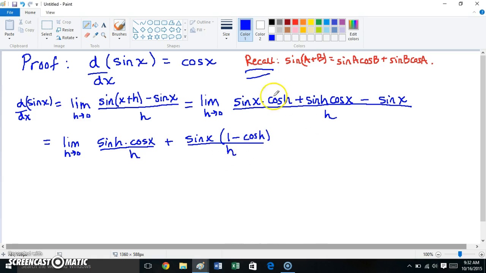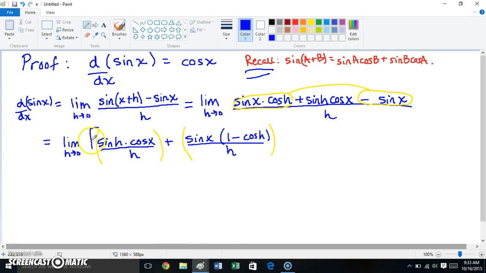So a couple things happened here. Number one is I rearranged so that these two terms were grouped together and factored. That's the second fraction here. And the second thing is the sum of the fractions can be rewritten. So here I have the sum of two fractions with the common denominator h.